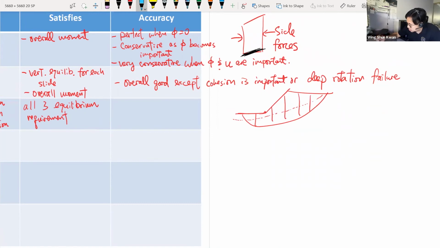So this is the thrust line, to give you all the resultant forces. They will use a trial and error method to move this thrust line up and down until you find a thrust line that gives you the lowest energy.